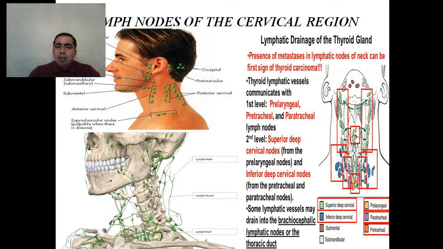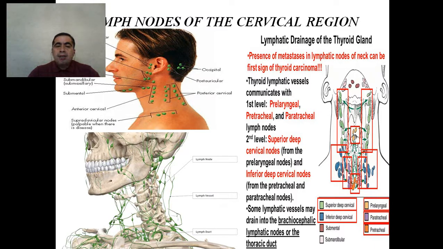Lymph nodes of this region, as I have explained before, lymphatic drainage of the thyroid gland: the presence of metastasis in lymph nodes of the neck can be the first sign of thyroid carcinoma. Thyroid lymphatic vessels communicate at the first level with the prelaryngeal, pretracheal, and paratracheal lymph nodes.